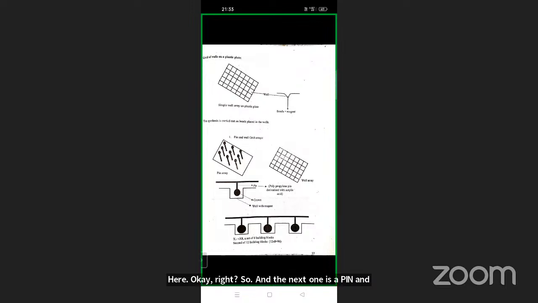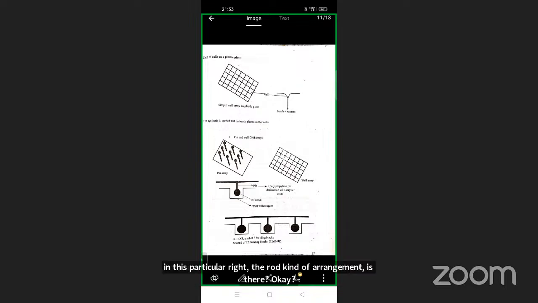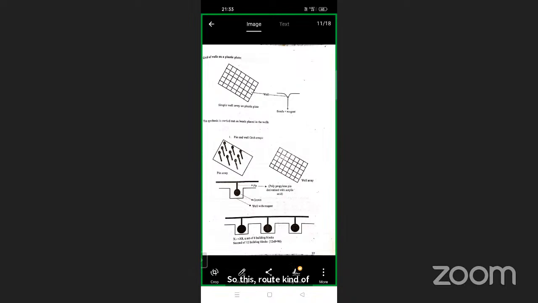Here, in the pin and well grid arrays, a rod kind of arrangement is there, and it is attached with the pin. At the bottom of the pin, a head kind of arrangement is there, which is called the crown. This crown is the solid support.